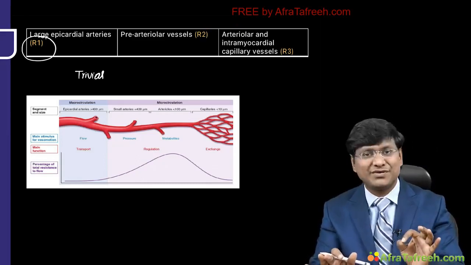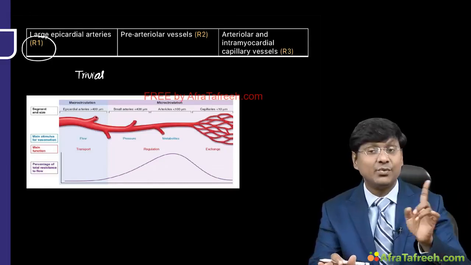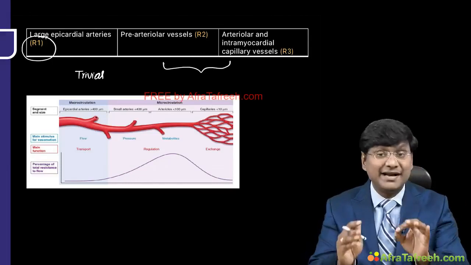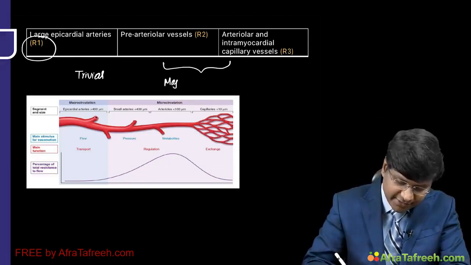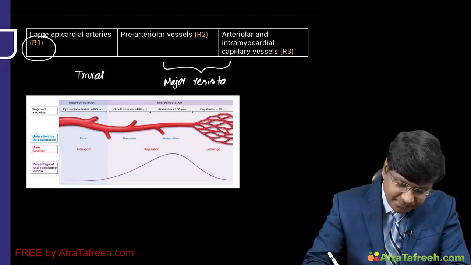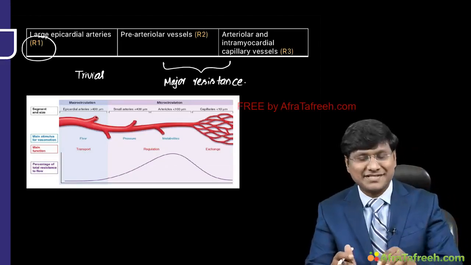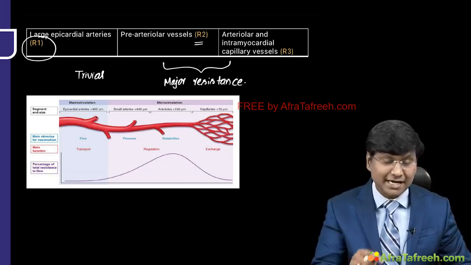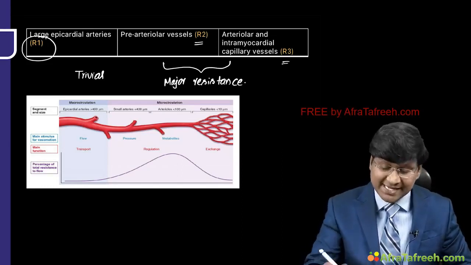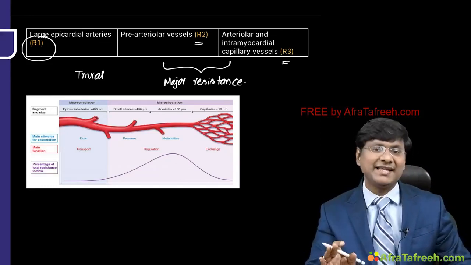In the absence of atherosclerosis, the large epicardial arteries will give a minimal resistance, whereas the major determinant of the coronary resistance is found at resistance level 2, that is prearteriolar vessels, as well as at R3, that is arteriolar and intramyocardial capillary vessels.